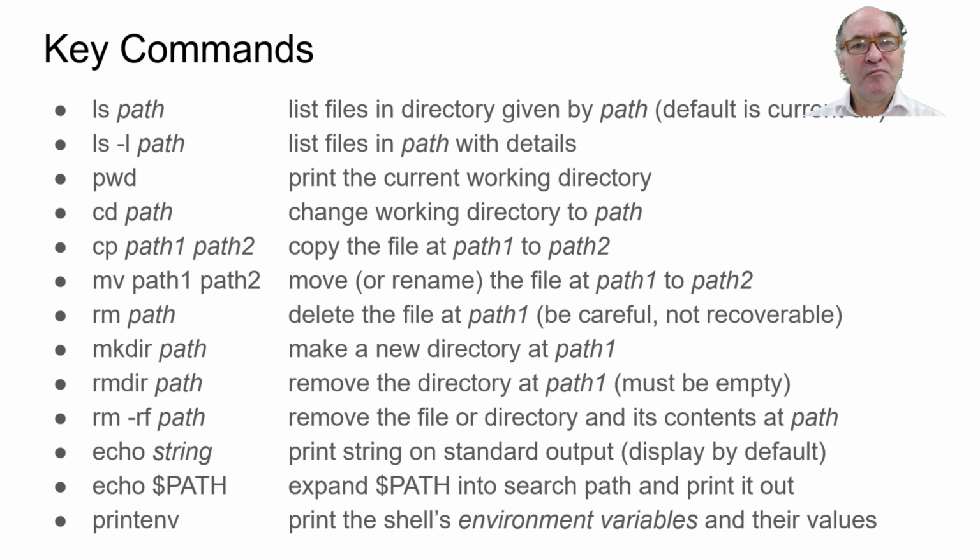The dash l means give me a long listing, and what that will cause the ls program to do when it's run is to print not just the name of the file, but some additional information about the file, such as its size in bytes, who has access to the file, we can get into that more later if you wish, and other pertinent details such as when it was created, when it was modified, and so on and so forth. Okay. Give it a try.